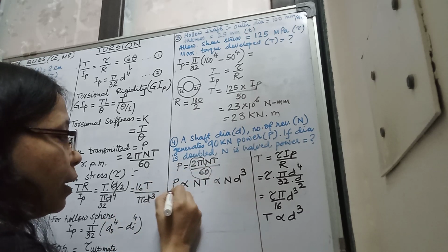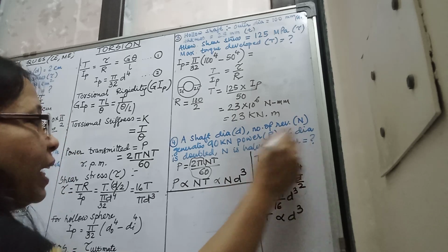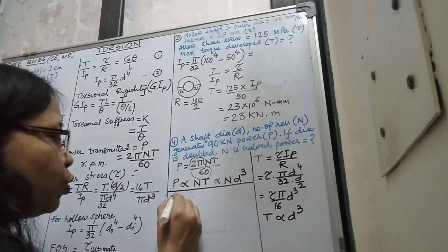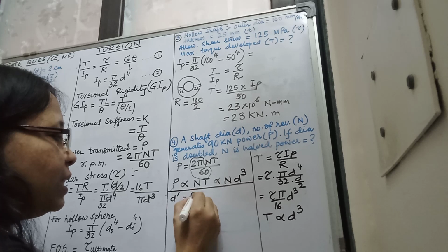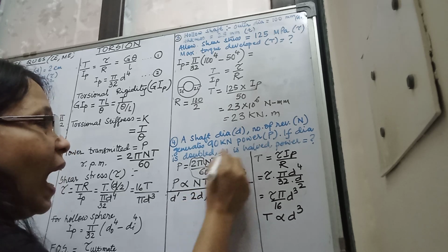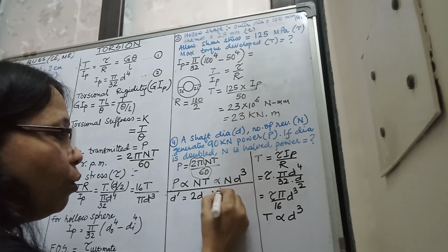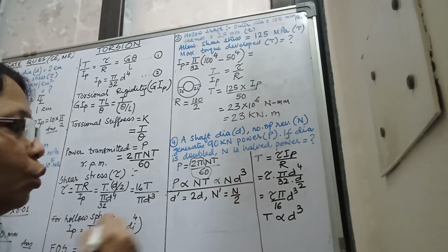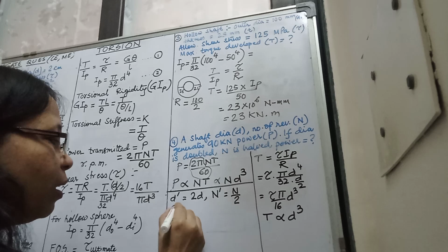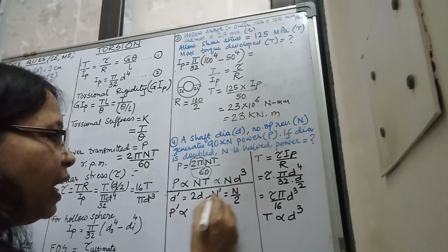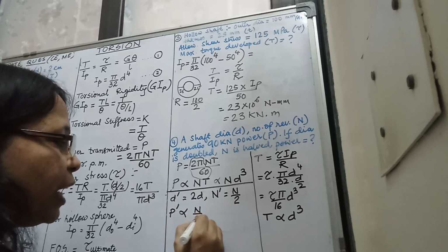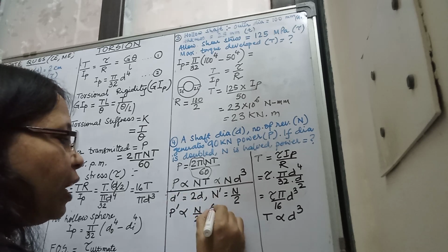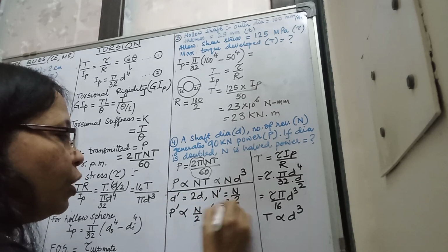Now this is the first step. Now what happens? The diameter is doubled, so the new diameter is 2d, and N is half, so the new number of revolutions is N by 2. So what will be the power? N dash will be N by 2 and d dash will be 2d whole cube.